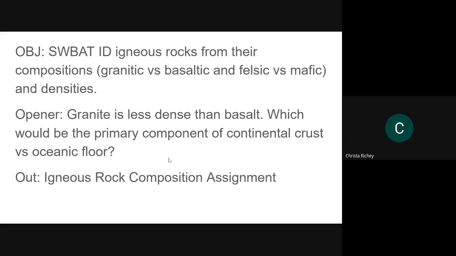But our opener says granite is less dense than basalt, which is a true statement. Basalt would be the primary component of oceanic lithosphere, the crust, the plates, versus continental crust. And since granite is less dense and the continents are on the top, granite is going to be a component of continental crust.